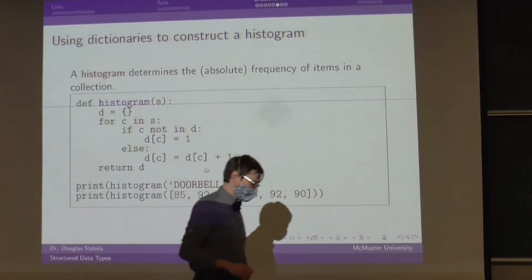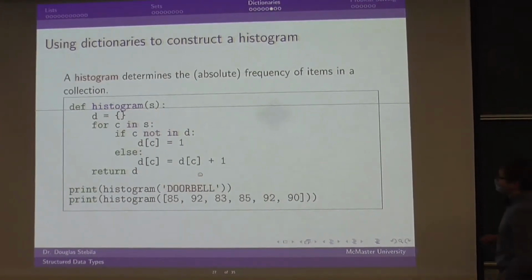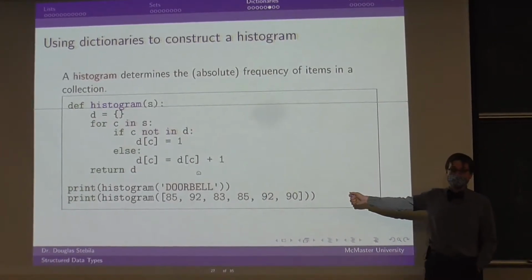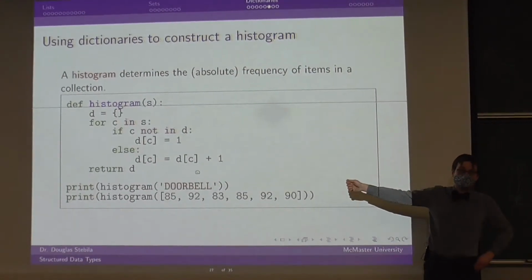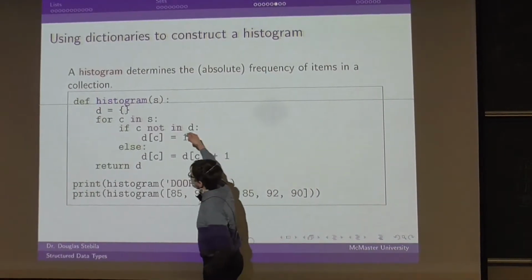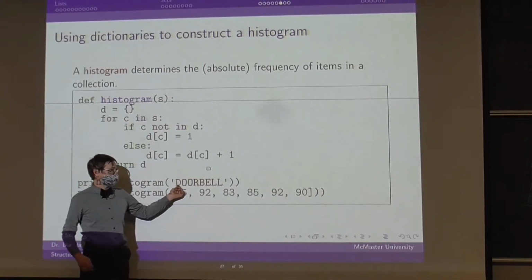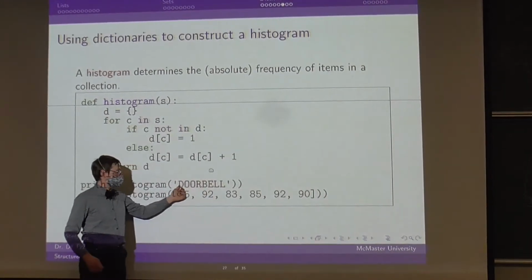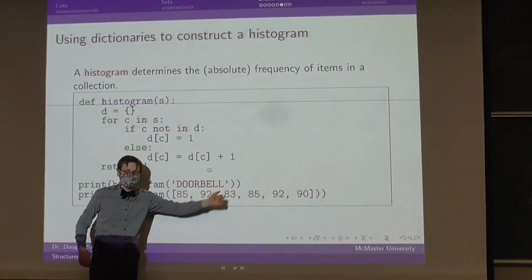Right. It's frequency. A histogram tells you how frequently something happens in a particular set. So in this case, if we took a histogram of the word doorbell, we get one D, two O's, an R, an E, a B, and two L's.